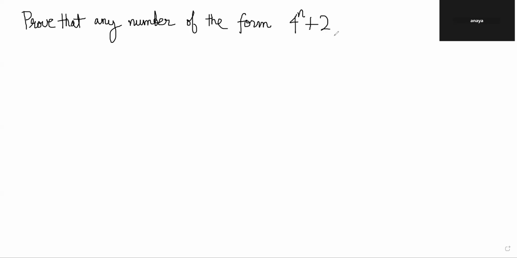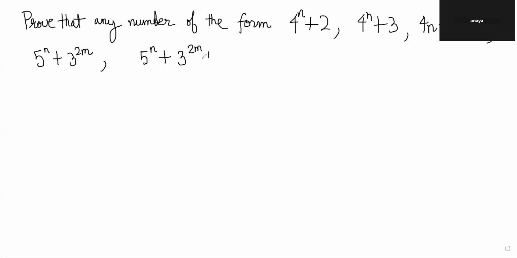Prove that any number of the form 4 power n plus 2, 4 power n plus 3, 4n plus 3 power 2m plus 1, 5n plus 3 power 2m, 5 power n plus 3 power 2m plus 1, all of these cannot be perfect squares.